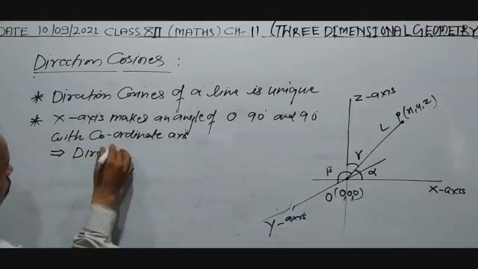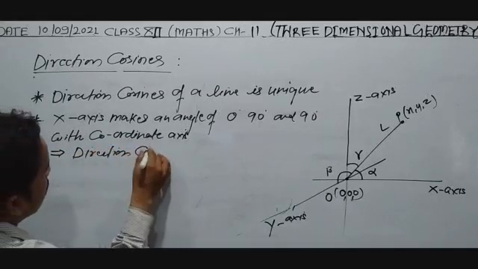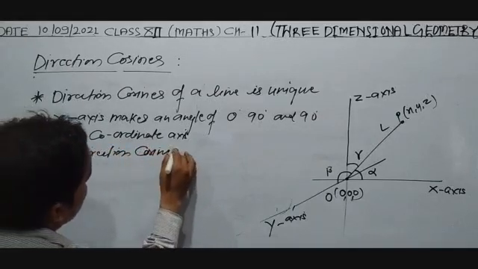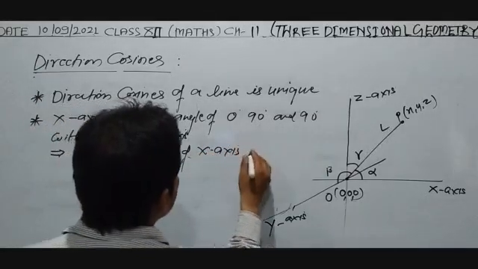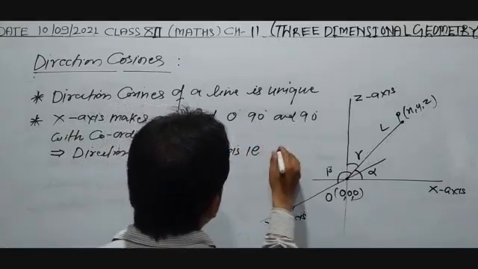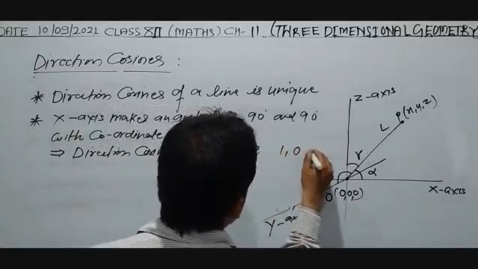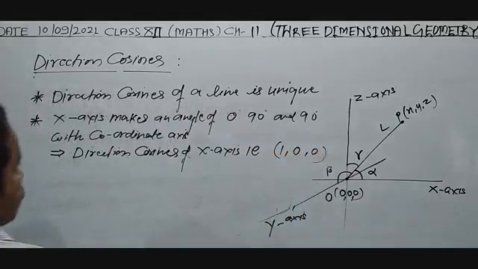Therefore, direction cosines of x axis are 1, 0, 0.